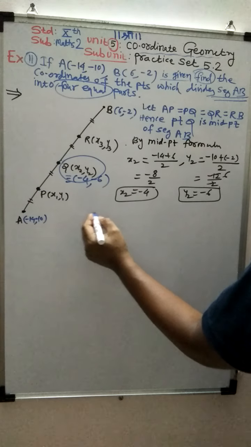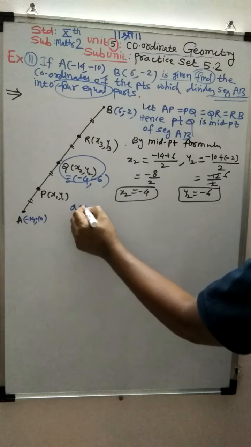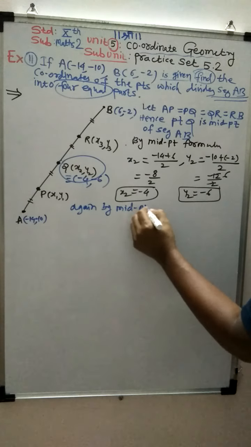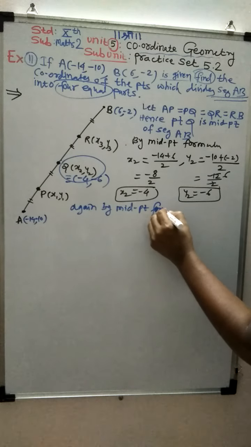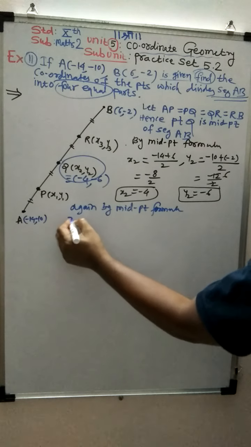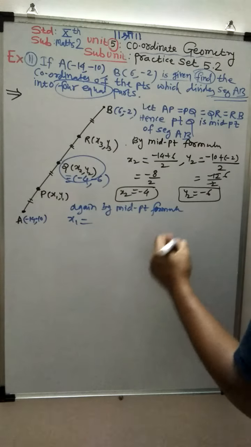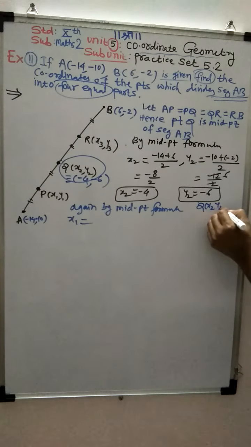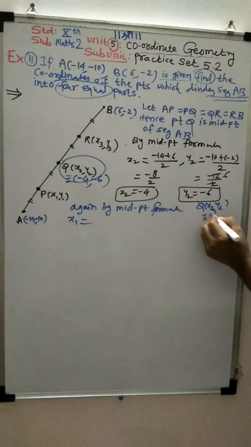Now to find the coordinates of P, again we use the midpoint formula, because P is the midpoint of AQ. Again by the midpoint formula, x1, here we write down Q, (x2, y2) assigns (-4, -6).